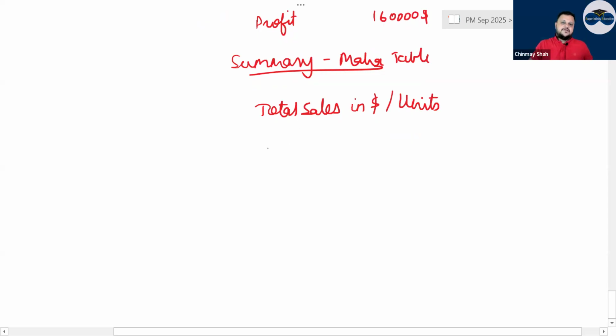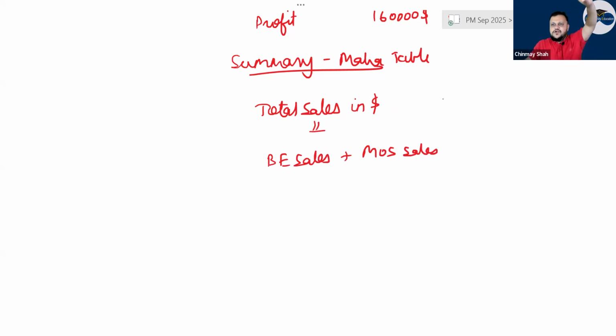You have the BE sales. Space it properly. We'll do one at a time. Total sales in dollars is nothing but the break even sales plus MOS sales. Correct? Any problem with this?